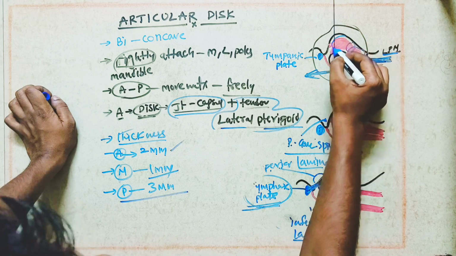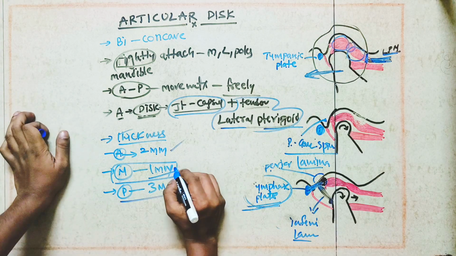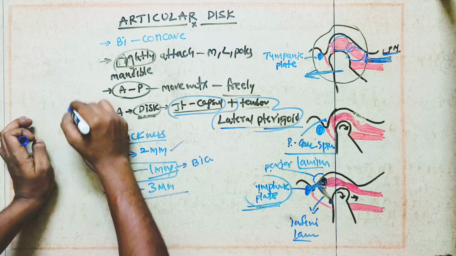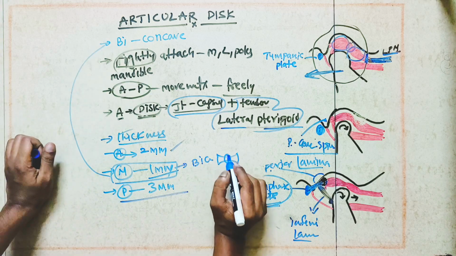So the thickness of the middle portion is very less. Why? Because it is biconcave, so the shape is like this, and that's why the thickness is very less here.